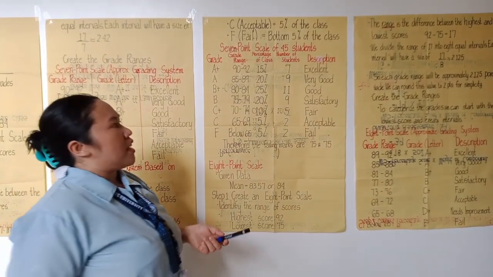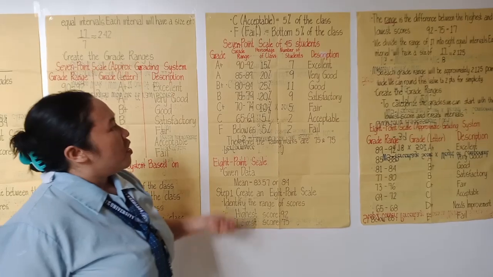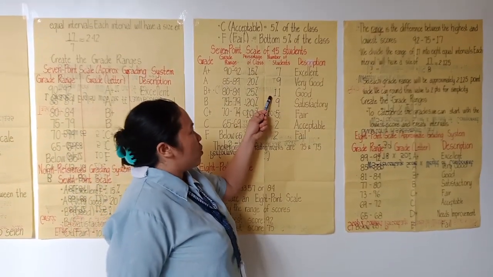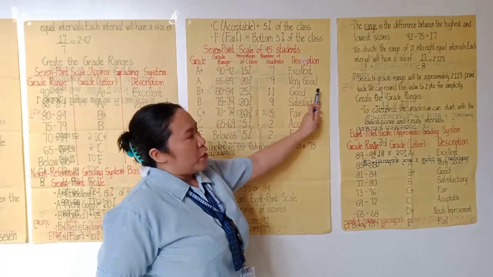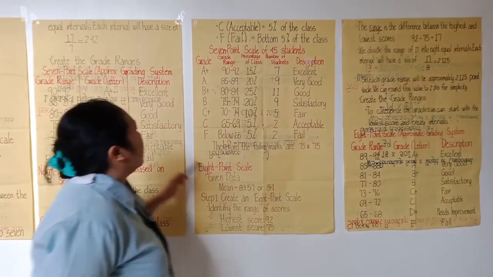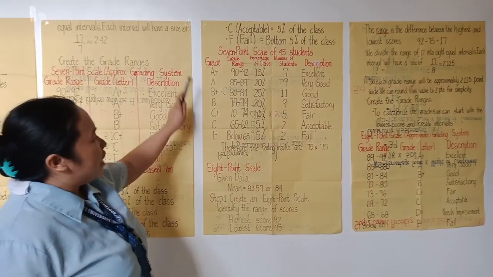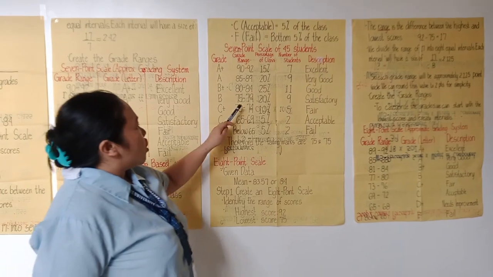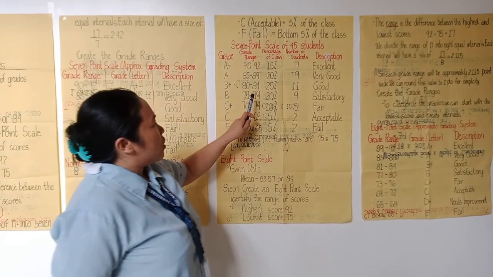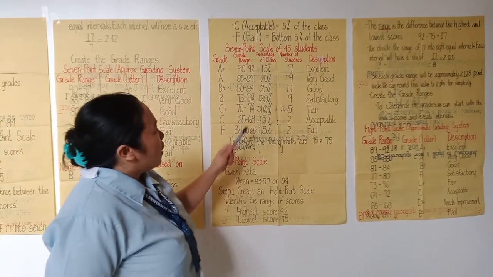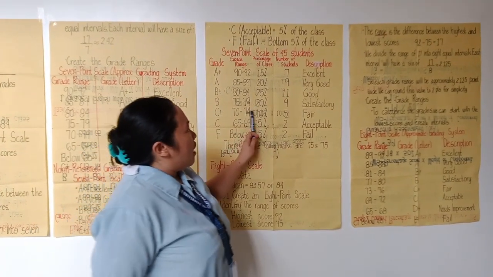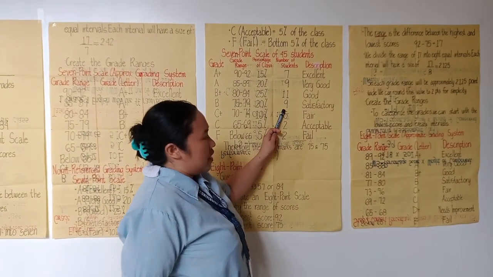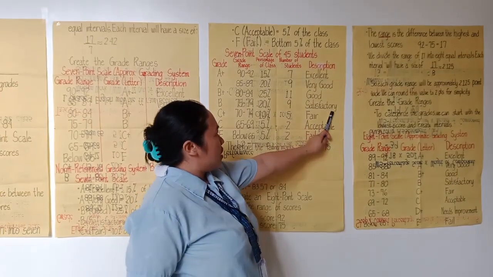So 25% of 45 students is 11 students. It corresponds to the good performers of the class. And then grade B, the grade range is 75 to 79. So 20% of 45 students, we have 9 students, corresponding to satisfactory.